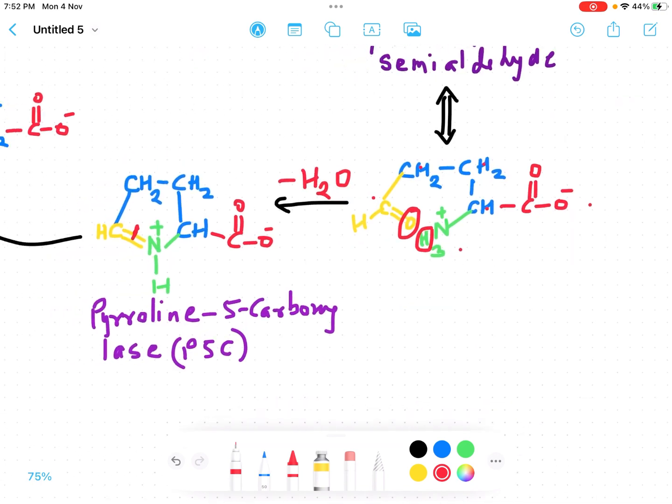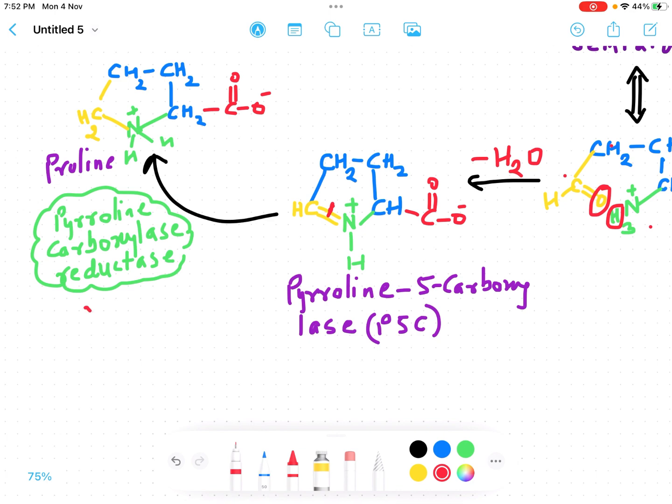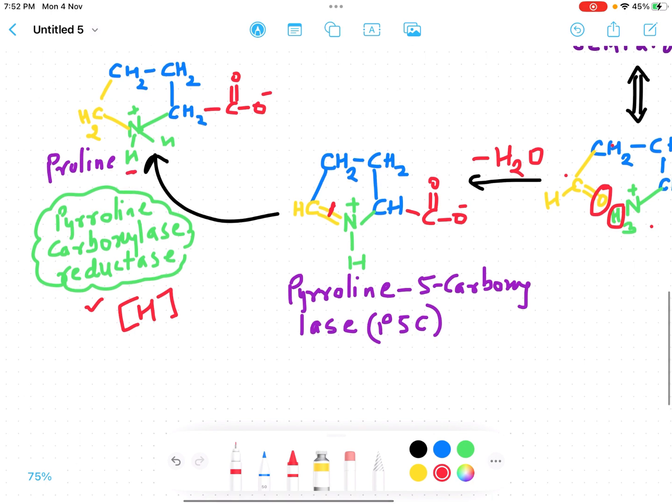Now it's a cyclized molecule, but as you can see here, it has a double bond, whereas proline does not have a double bond. So we need to do a reduction here. That is done by the pyrroline carboxylate reductase enzyme, and 2 hydrogens are added, one on the carbon and one on the nitrogen.